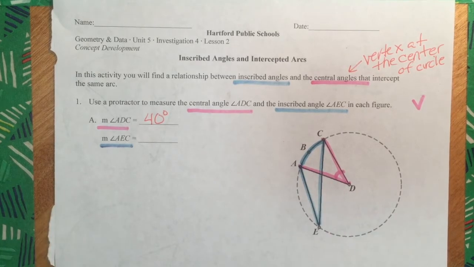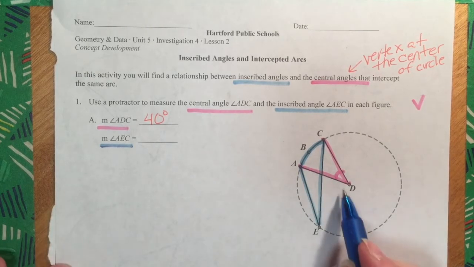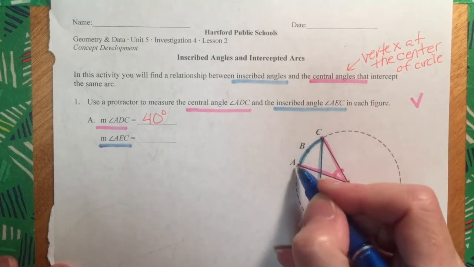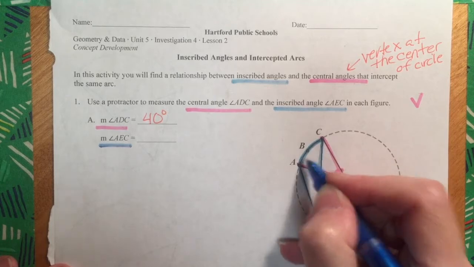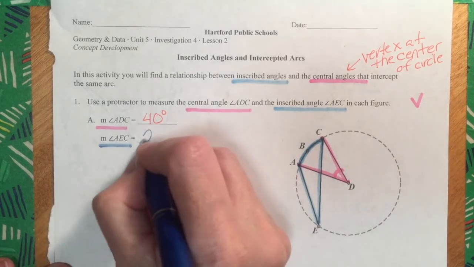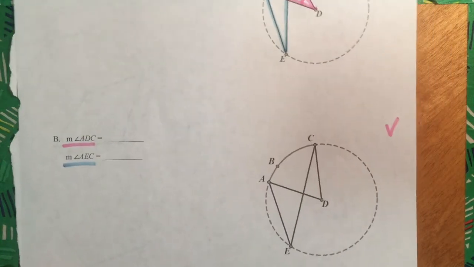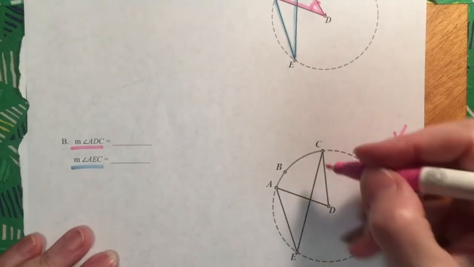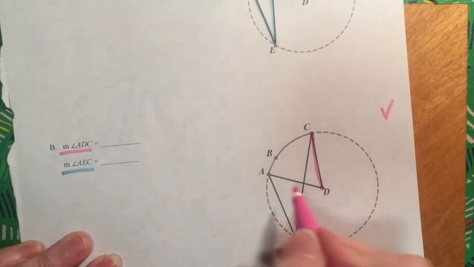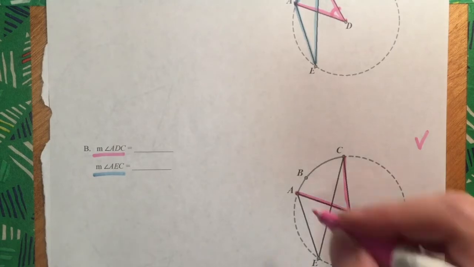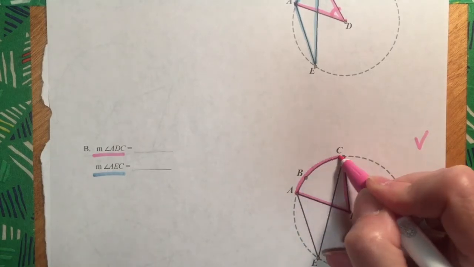And the pattern was, whatever the central angle is, the inscribed angle that intercepts the same arc is exactly half. So it's going to be half of 40, or 20. All right, so let's see it again. Here we have angle ADC. From the center, it's a central angle, so it's cutting off this arc, ABC.